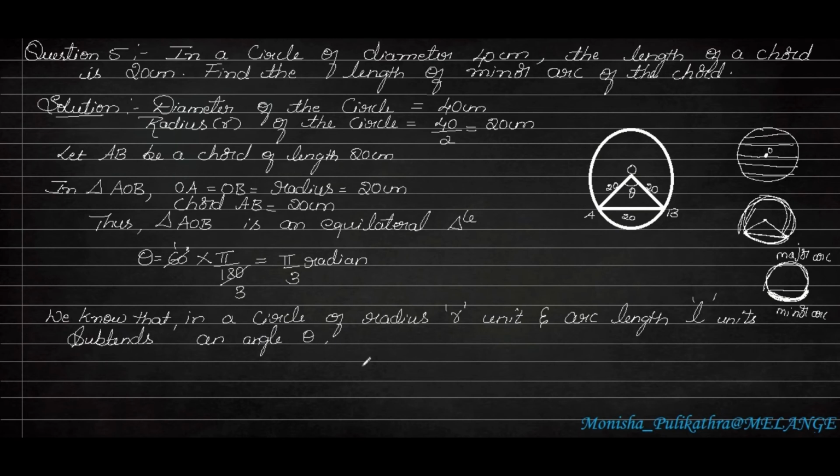Therefore, theta is equal to L by r. So theta is 60 degree, which we have converted into pi by 3. So instead of theta, we can write pi by 3.